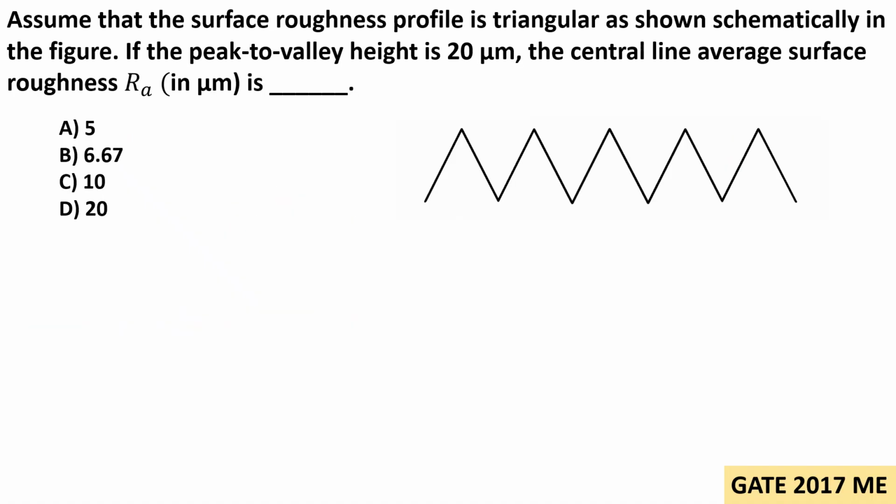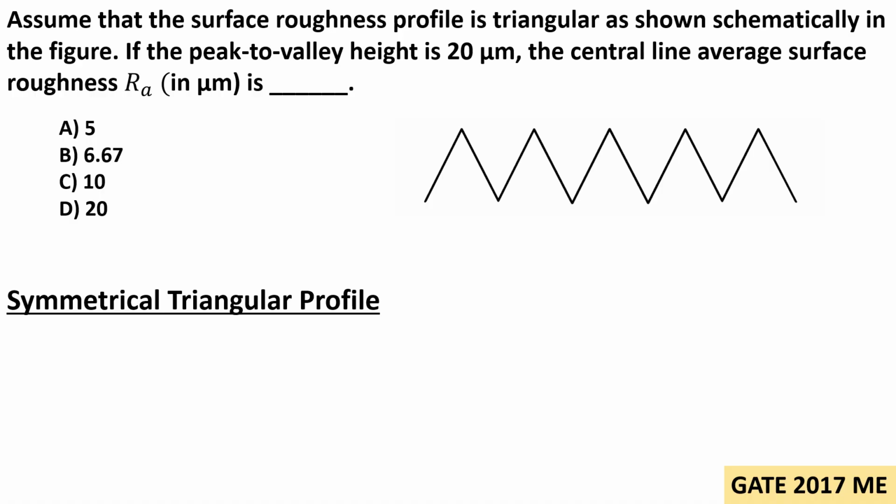Next we will discuss one more problem. Assume that the surface roughness profile is triangular as shown schematically in the figure. If the peak to valley height is 20 microns, then the central line average surface roughness, that is Ra value, is in microns. Option A 5, option B 6.67, option C 10, and option D 20. So let's see the solution.